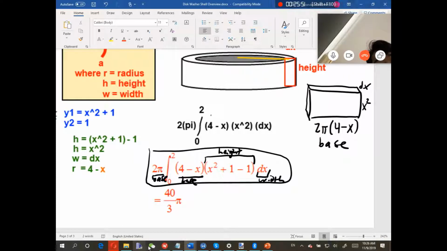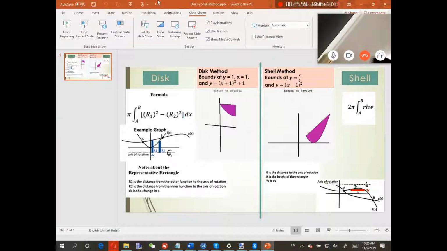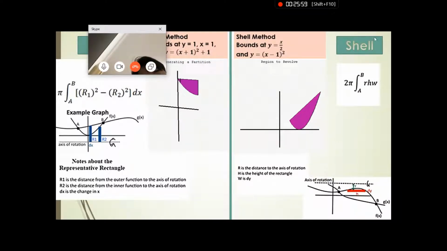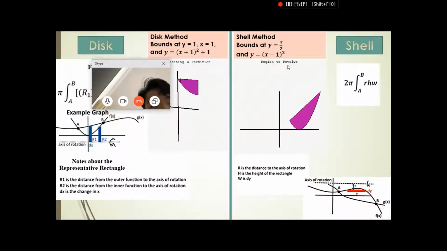Okay, I'm going to show you one more construction here. Okay, so this time we're looking at the right side with shell method. So on this right side, I have two lines. Our top line, y equals x over 2, which is this line here.